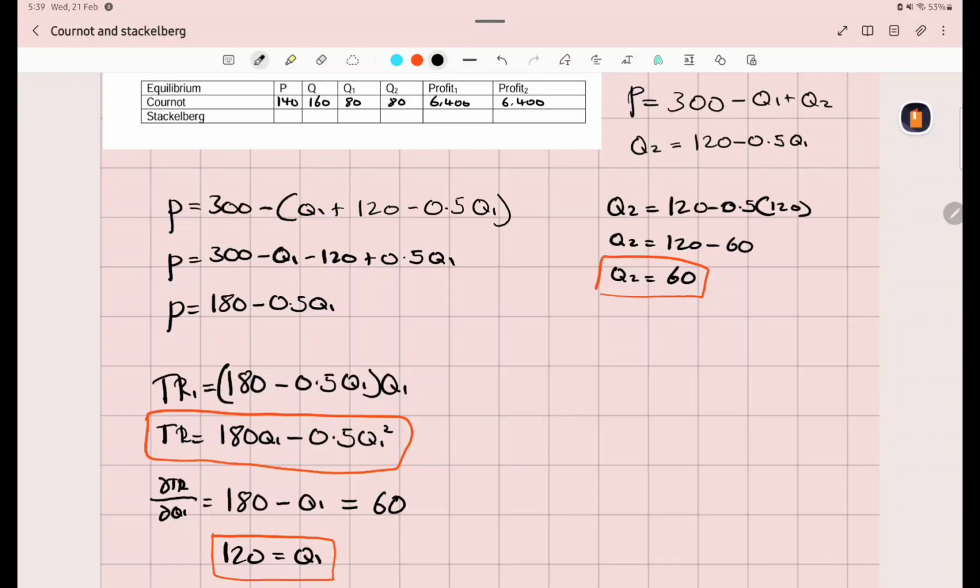So you will have Q1 at 120, Q2 at 60, market quantity is at 180, and price P is equal to 300 minus 180, which is 120.